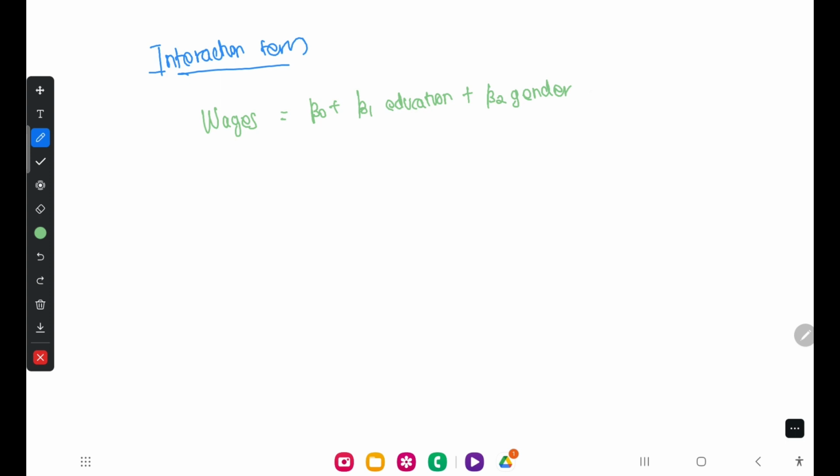Over here, education is definitely going to affect the salary you're going to get. Gender, being a male or female, also affects the wages you're going to get. Being a female, do you think that's going to limit your number of years of education? We can say that, right? So if that is prevailing in the society, usually when you are a male, then you get to study further.